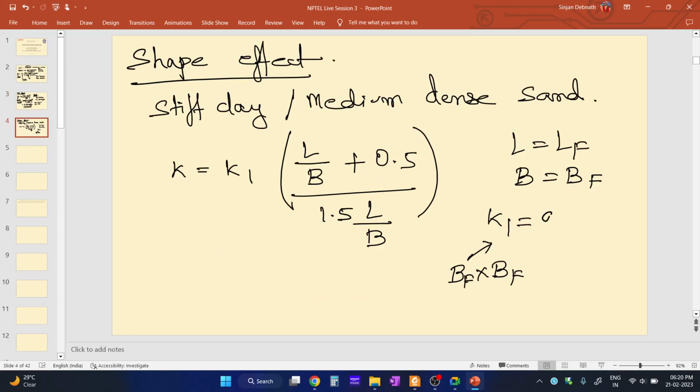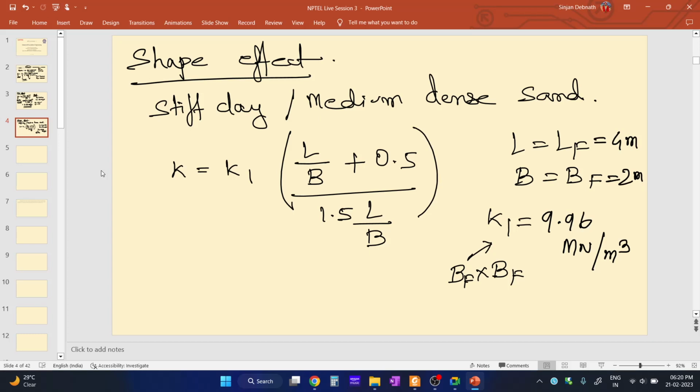So K1 is 9.96 meganewton per meter cube. What is L in this case? L is 4 meter and BF is 2 meter.